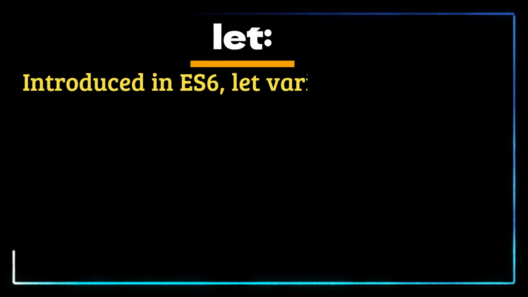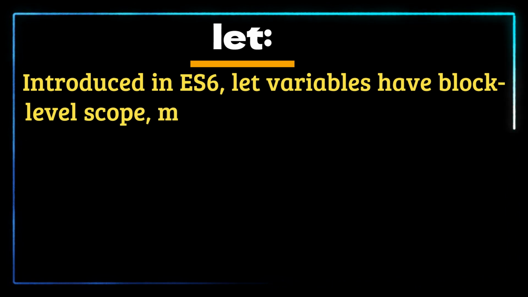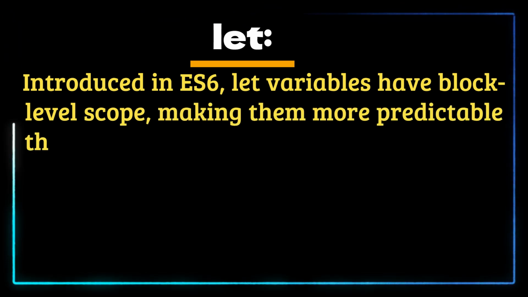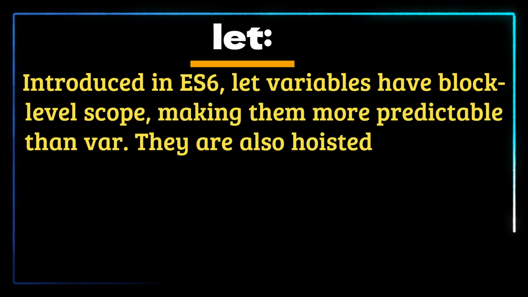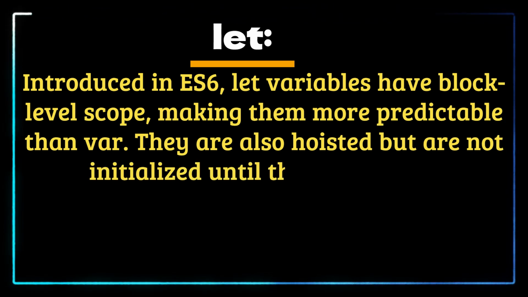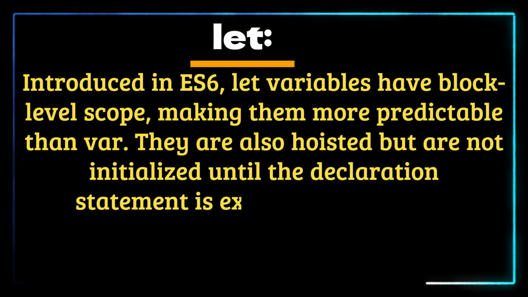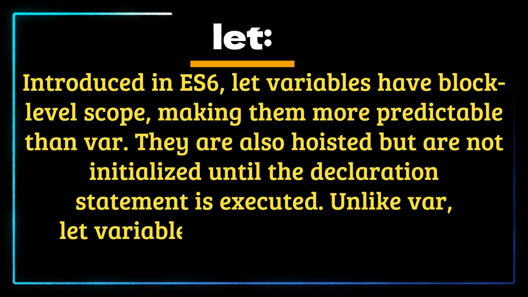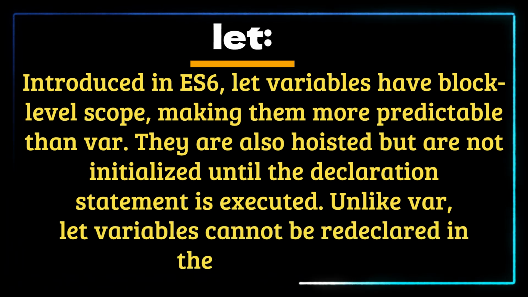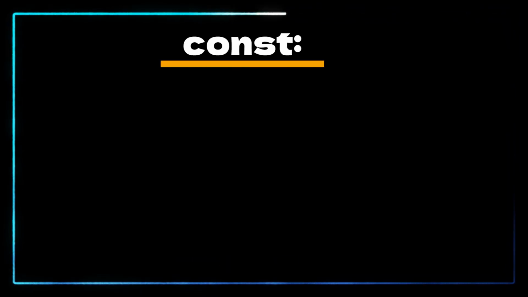Let. Introduced in ES6, let variables have block-level scope, making them more predictable than var. They are also hoisted but are not initialized until the declaration statement is executed. Unlike var, let variables cannot be redeclared in the same scope. Const.